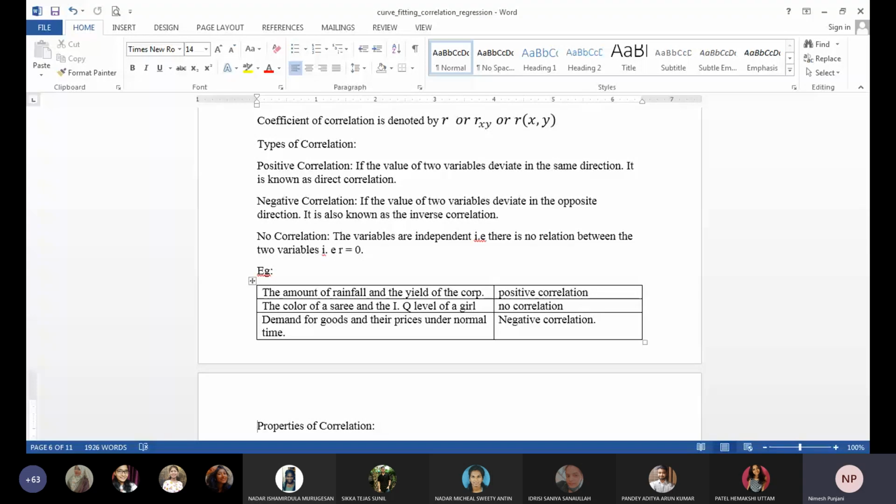Color of a sari and the IQ level of a girl: no correlation. Demand for goods and their prices under normal time: that is an example of a negative correlation.